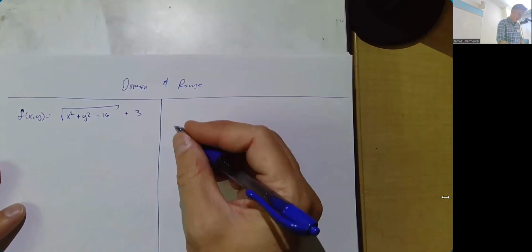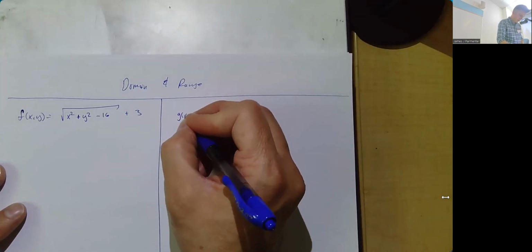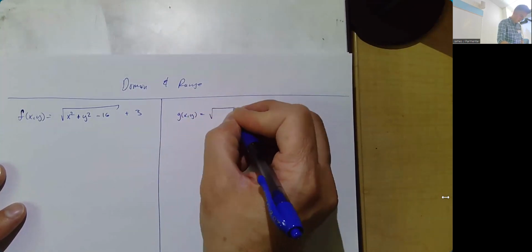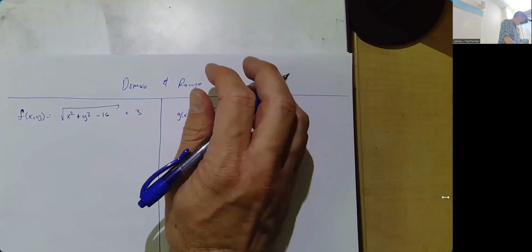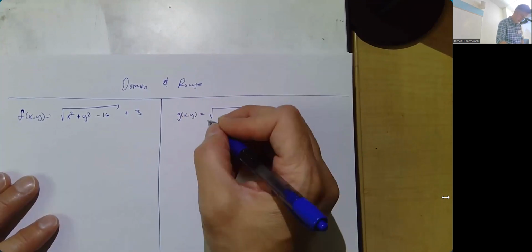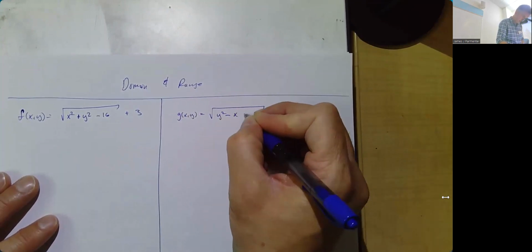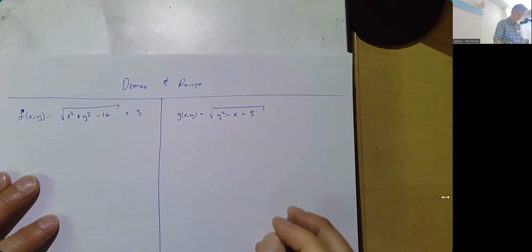And the second one is going to be g of x, y equal to the square root of y squared minus x minus 5.